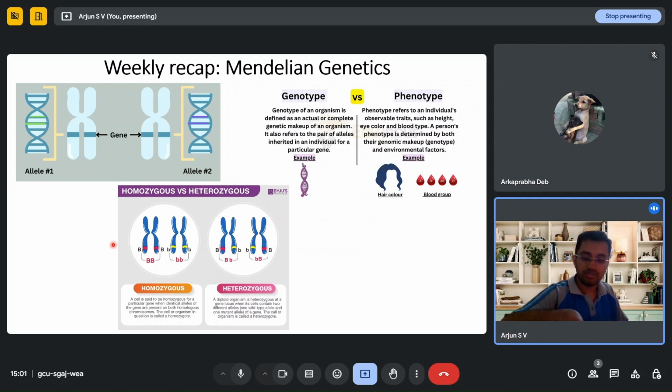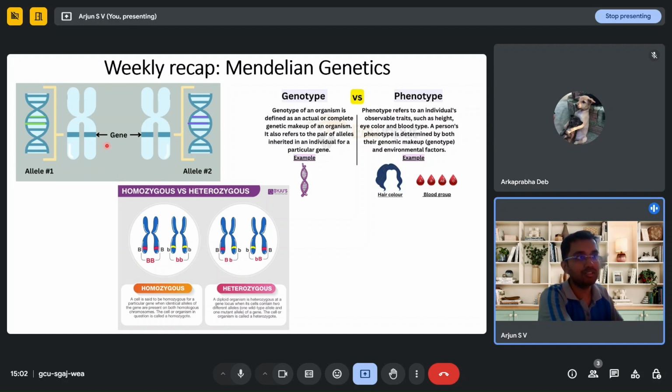This week, the course instructor Dr. Sanjeeva Srivastava started talking about genetics, and he started with a general definition of what a gene and an allele mean. So a gene is a section of your entire genome which codes for a specific trait or a specific protein, and any alternate form of a specific gene is called an allele.